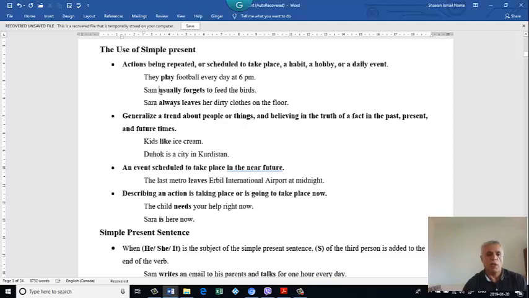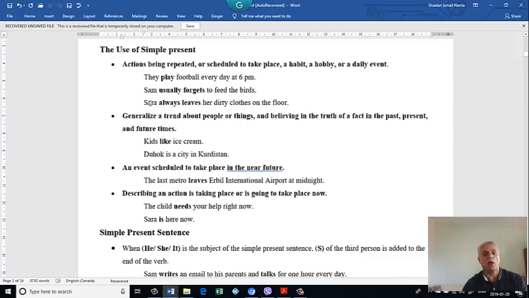Usually an adverb goes before the main verb and after the auxiliary verb if we have one. For example, Sam usually forgets, that's my main verb, to feed the birds.